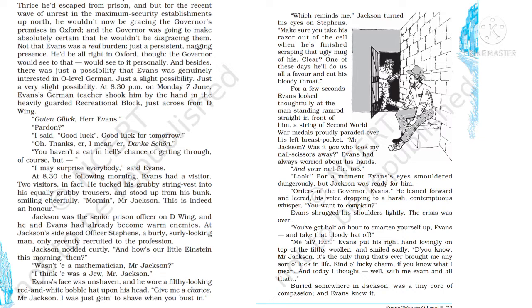So the governor planned to supervise him personally in Oxford. The governor also had a doubt: was Ivans actually interested in learning the German language, or was it something else? Now from there we are directly taken to 7th of June, Monday, 8:30 p.m.